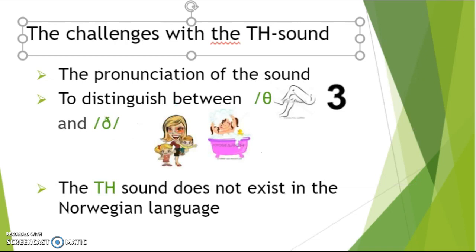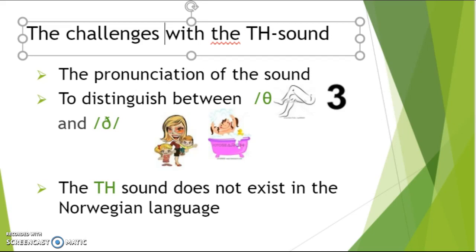The th sound is the pronunciation of the sound. In order to pronounce the sound, they have to put their tongue between their teeth and press air out. That could be difficult for many of the students or pupils.